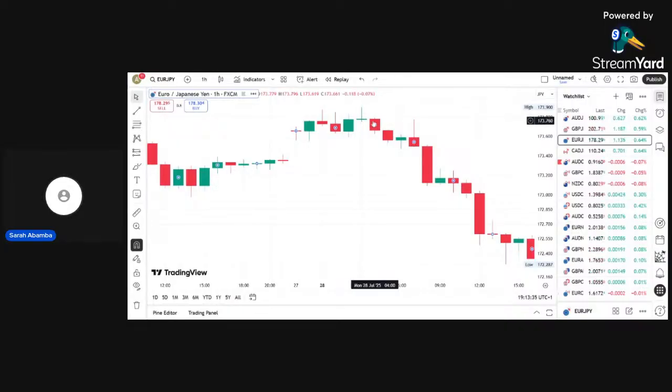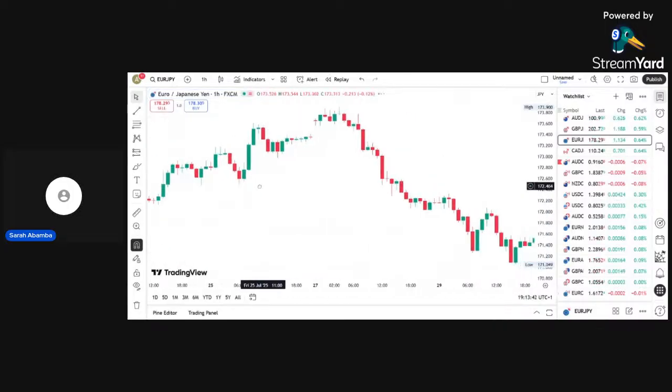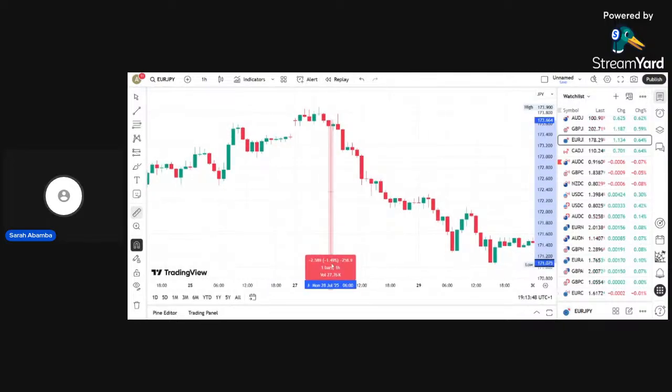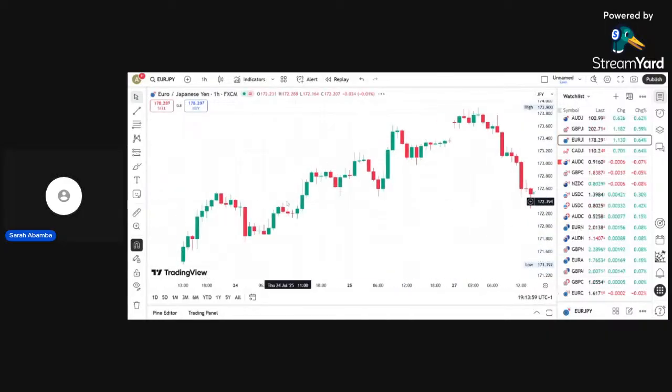Then the bearish candle formed and the market just started dropping. Let's measure the pips. Whoa, whoa, whoa. This was a 200 pips move. This is very good. Okay.